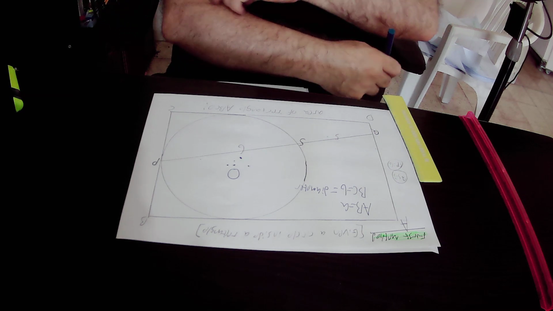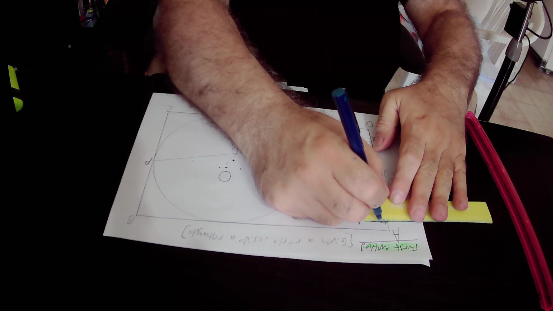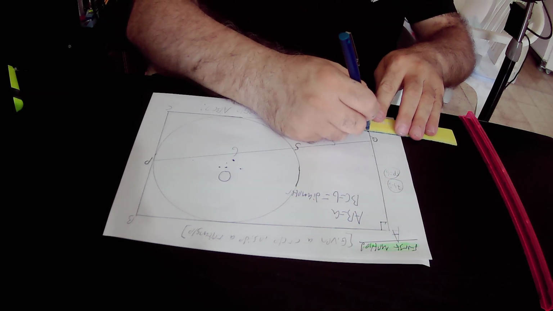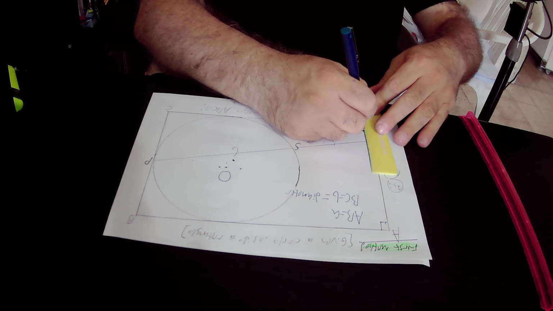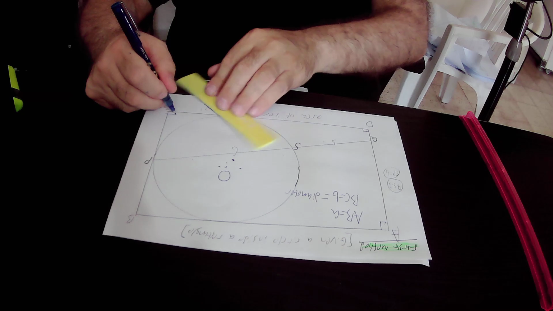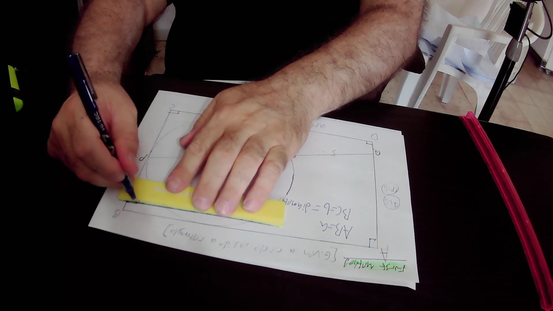We know that all the angles inside the rectangle are right angles, so this angle equals 90 degrees. This angle also equals 90 degrees. This angle equals 90 degrees. And finally, this angle also equals 90 degrees.